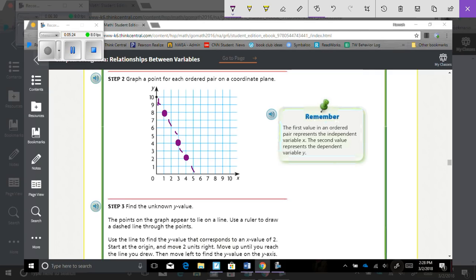Okay, so that's not a very good line, but you should use a ruler or the side of a book or something. Then use the line to find the y value that corresponds to an x value of 2. So we start at the origin, move 2 to the right, and then up until the line meets, which should be right here at the 6.